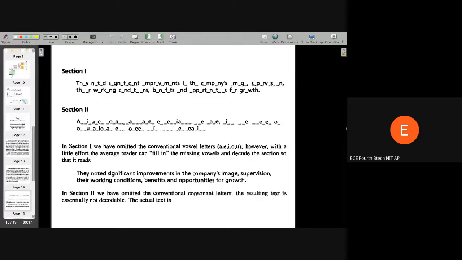Generally, every 1 kilohertz you will find a resonant peak in the speech spectrum during the production of these vowel sounds.